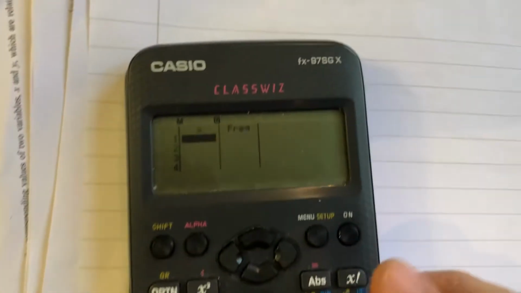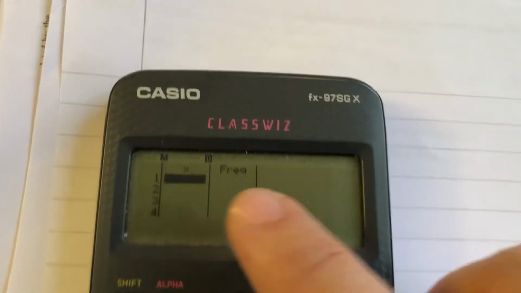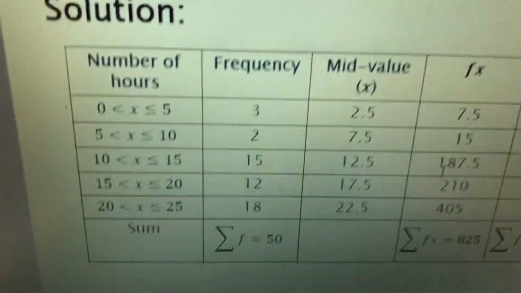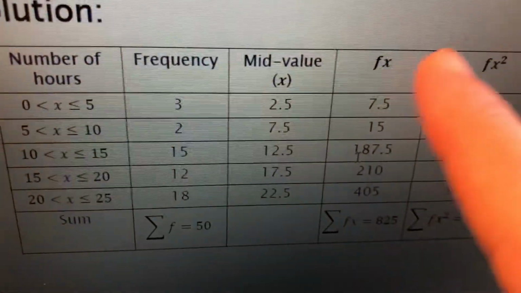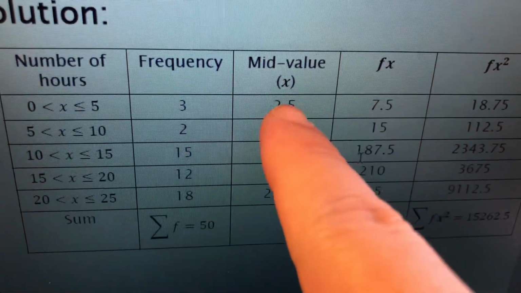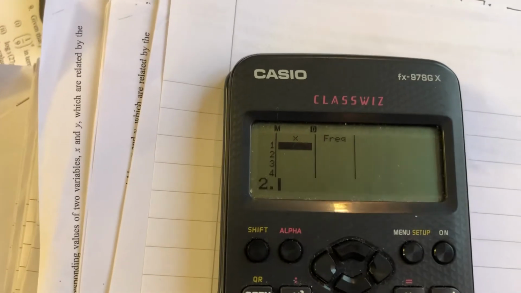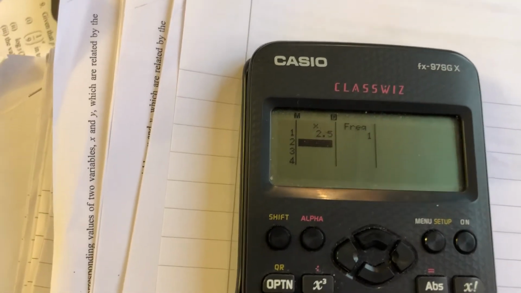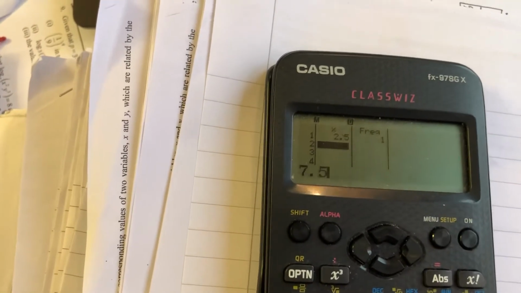Now, what do you do next? Key in all your x values, which is the data value. In this case, because I had to take the mid value, I key in all this. So let us just key in. You can do this at home. You press enter.